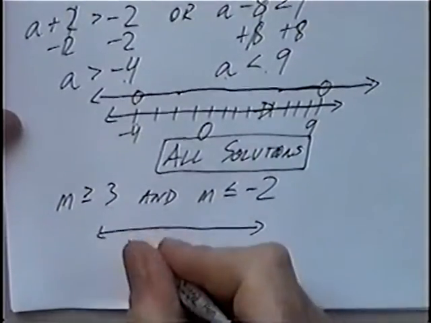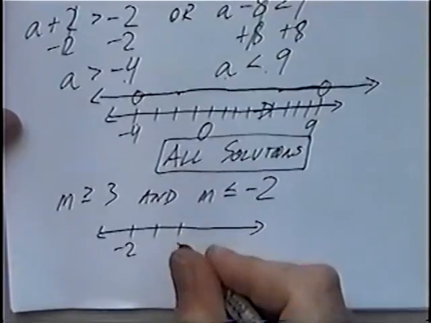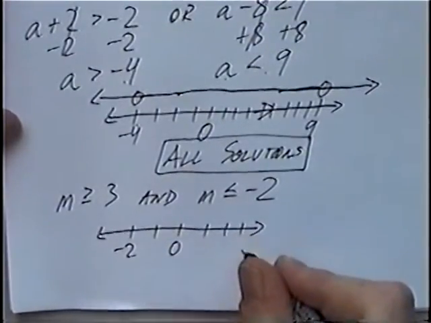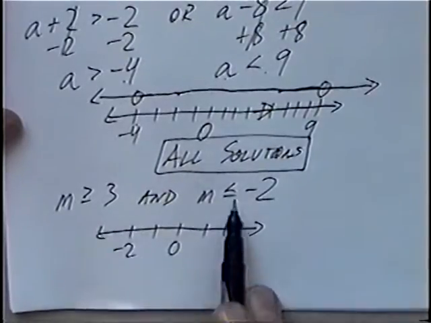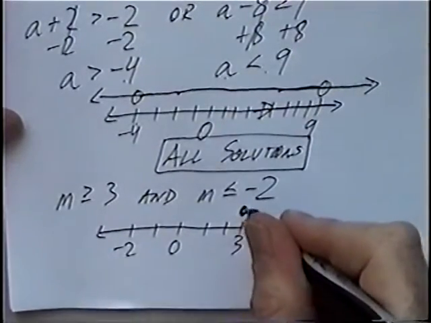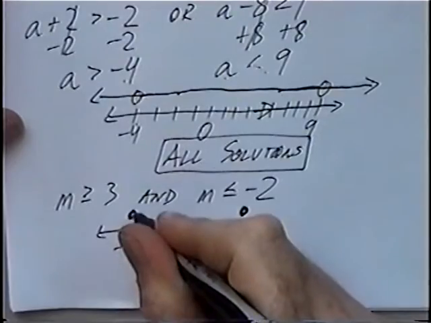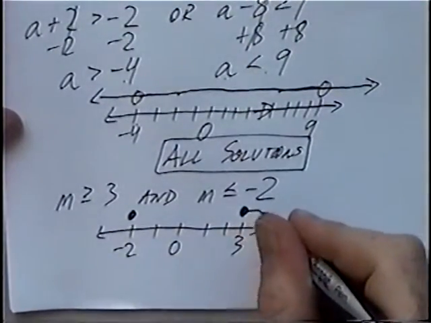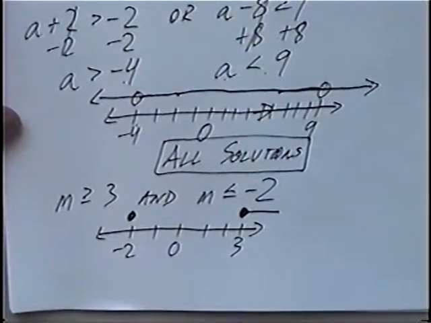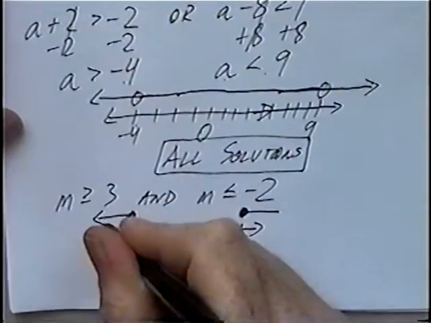Our smaller number, negative 2, I'll put on the left, and positive 3, I'll put on the right. Both points are a closed circle. M greater than or equal to 3 goes to the right, and m less than or equal to negative 2 goes to the left.